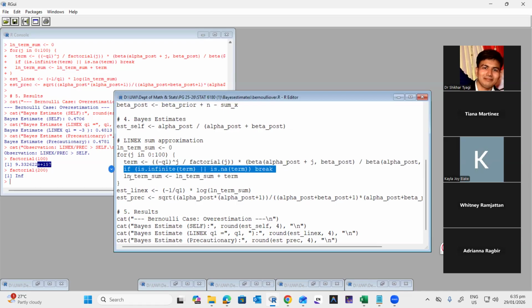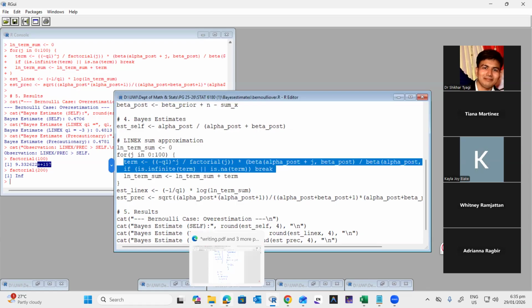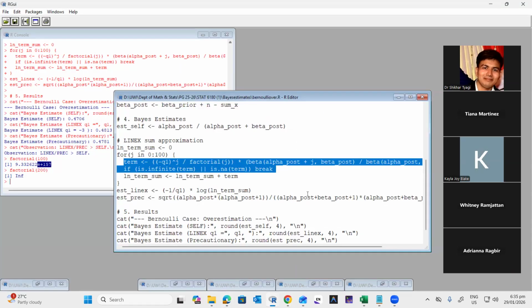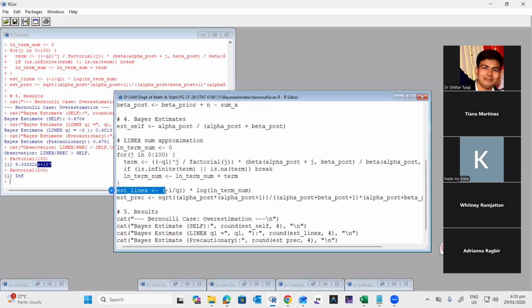After that, the log term sum will be equal to log term sum plus the term that we defined here, the same one as we discussed. And then after that, we call the estimate.